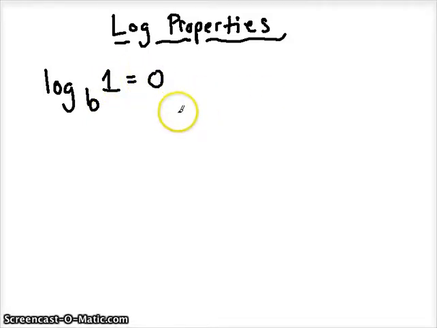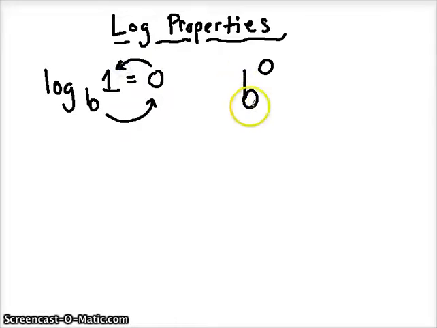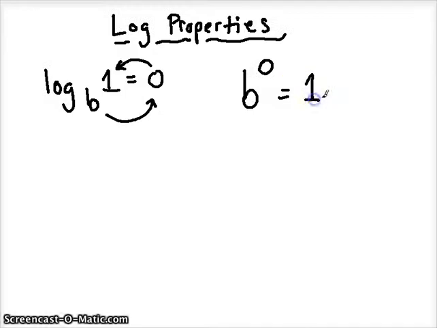We could rewrite our logarithm expression in exponent form to help us simplify this and figure out what's going on in this property. So we start with our base and go in our circle. So you can see that we're talking about anything to the 0 power is always 1.